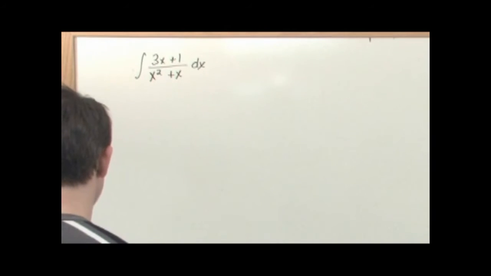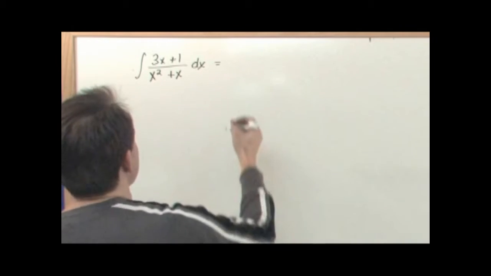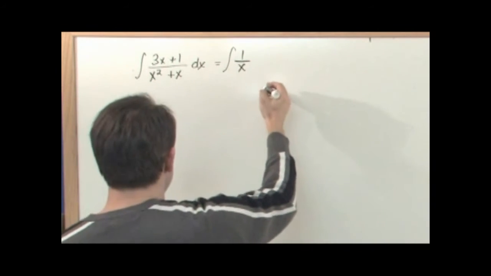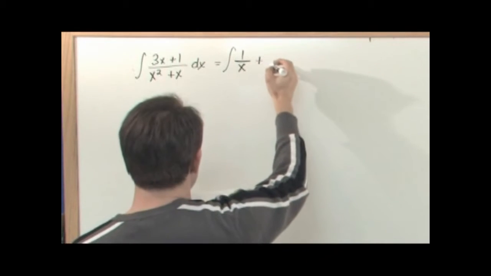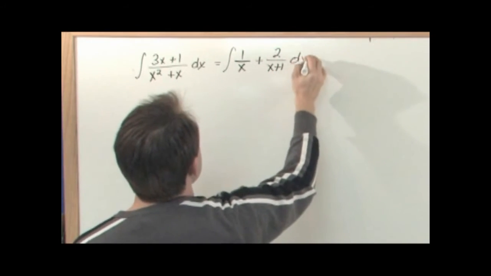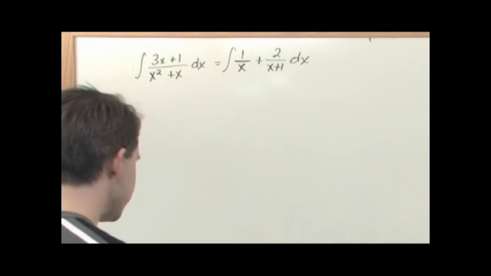This is fairly difficult. So what if I told you that this integral could be magically transformed into the following? Now, I'm not even going to show you why yet. I'm just going to say, what if it could be broken down into this? If I could show you a way to magically take this integral and break it into this, you can integrate that.